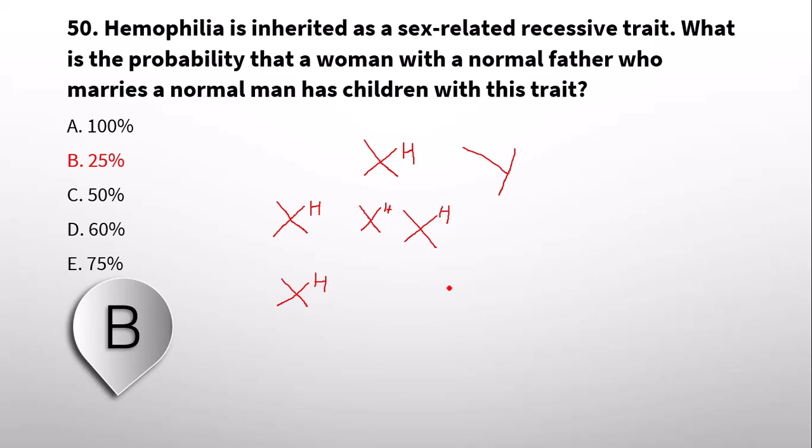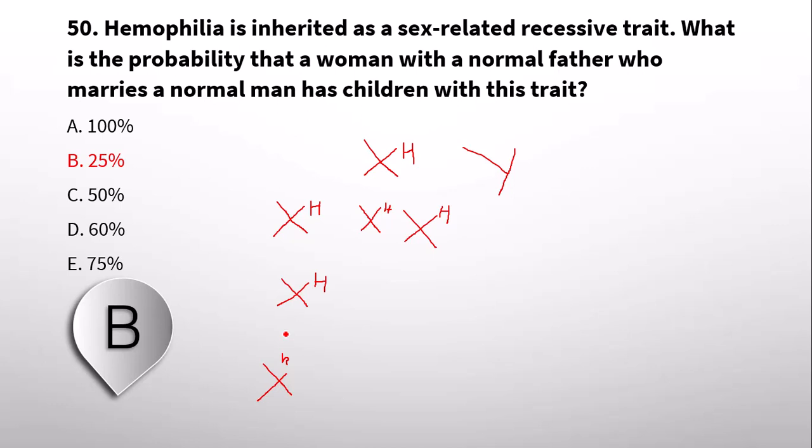When we cross these two people, assuming the woman is normal, like this, the probability of her having a child that is sick with the trait, because a child with the trait is a child that contains at least one small h, whether sick or carrier, is 0.